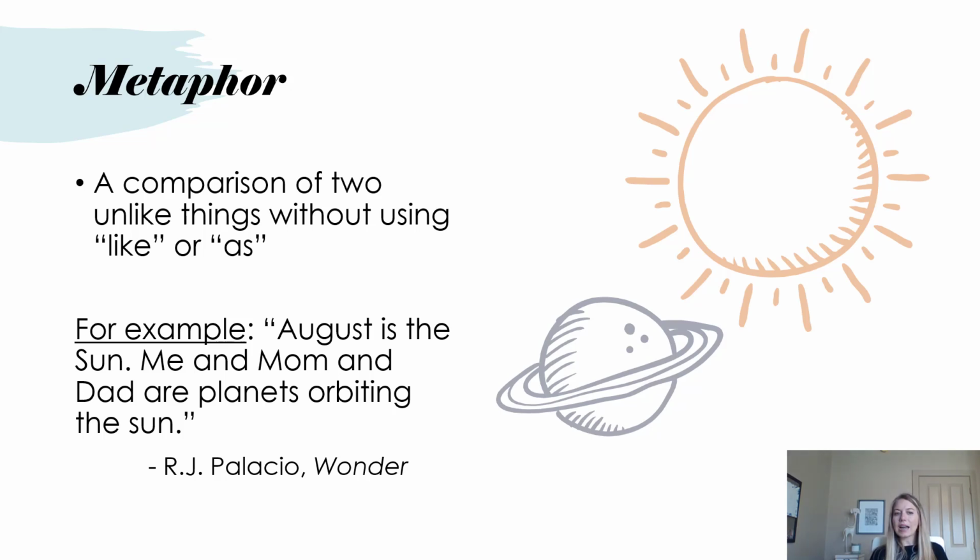In this case, I don't think that the sister and mom and dad are literally running in circles around August. Instead, it's explaining complex family dynamics in an easy to understand way. The family's dynamics center around August and his needs, and everyone else, they relate and exist in relation to August.